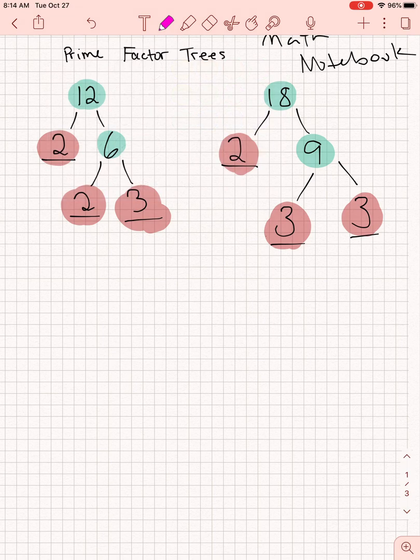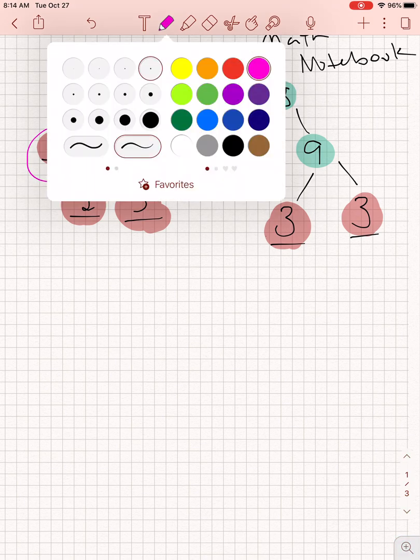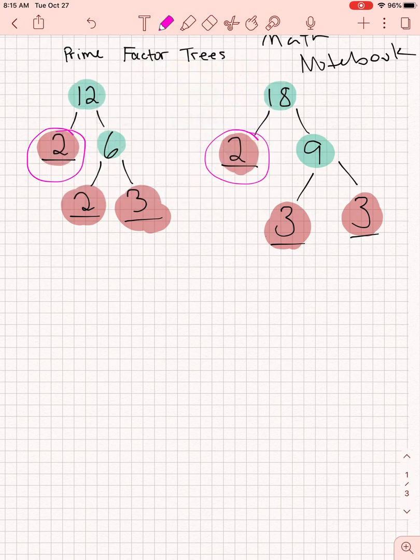I only circle pairs from both numbers like this. 2 and 2. That's a pair. I'm going to write my pair down here. 2, that's one pair. Can I find any more pairs in these numbers? Any more numbers that they both have in common? 2 and 3 are not the same, but 3 and 3 are the same. So I'm going to circle that pair, 3 and 3.